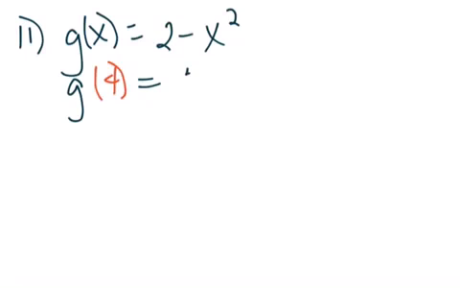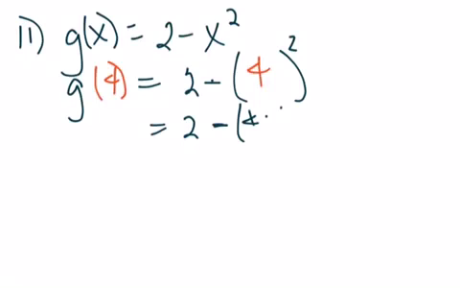That means we're going to put 4 in for the x. There's the 4 for the x. So that means we have 2 minus, there's nothing to do with the 4 that's inside the parentheses, so you have 4 squared. Well, what is 4 times 4? Well, it's 16. So 2 minus 16 is -14.